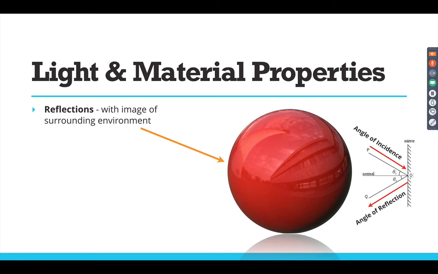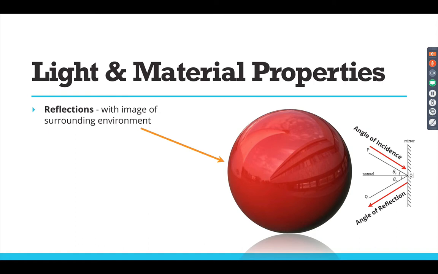Any degree off, then you're going to see something a little bit different. Why is that important to us? Because that's how we measure how light rays bounce in CG. We always measure the angle that light hits that surface based on the angle of the normal to the surface.